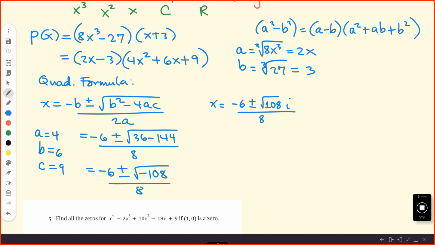Think of a number that can divide 108 and is a perfect square. 9 and 12 is 108, and 9 is a perfect square. But can we go higher?